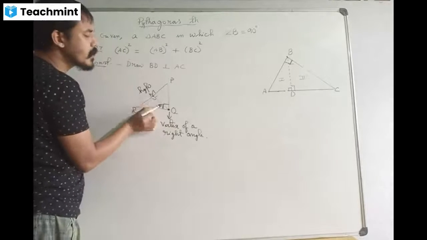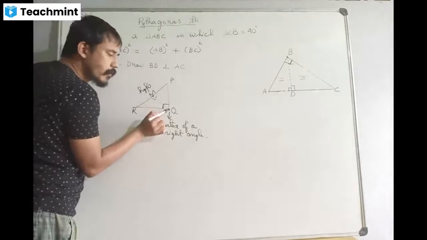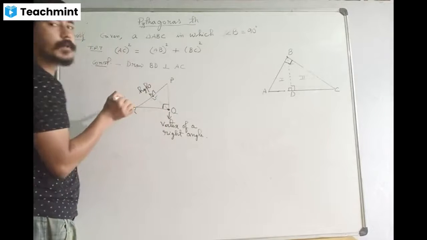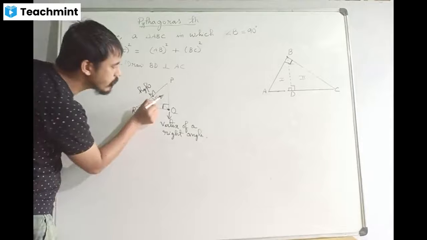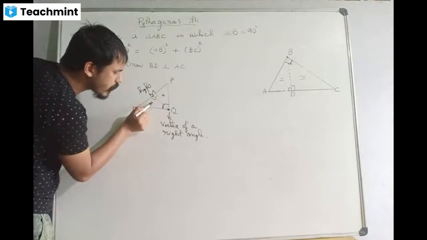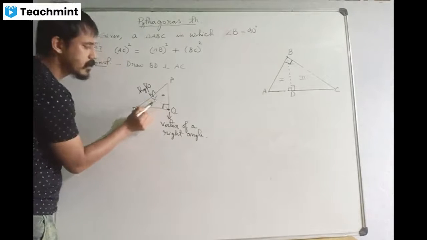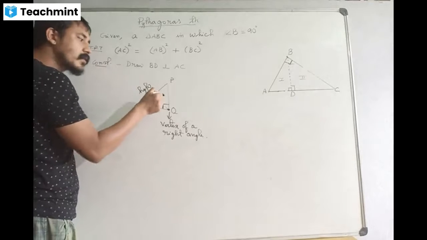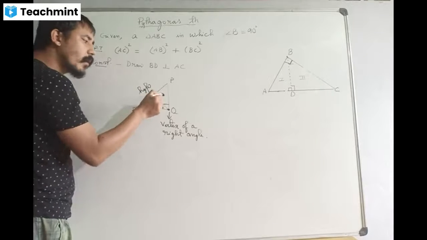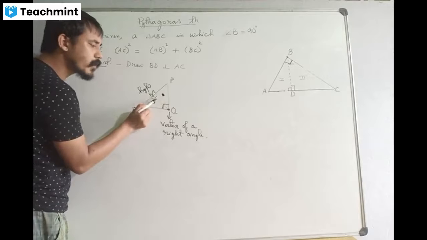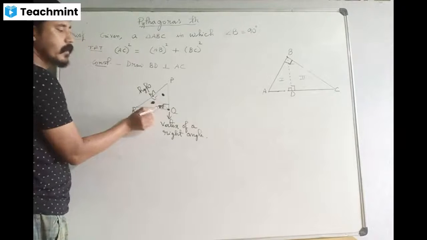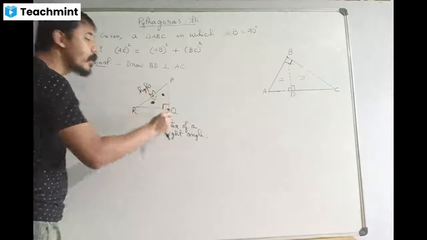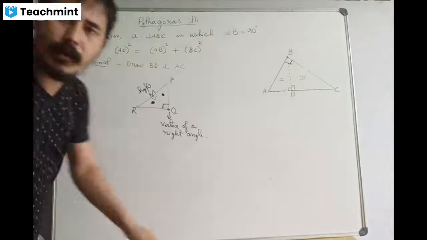So if a perpendicular is drawn from the vertex of a right angle to the hypotenuse, then the triangles obtained, you have obtained two triangles, right? The triangles obtained on both sides of this perpendicular QM are similar to each other and to the whole triangle. Are you following that?